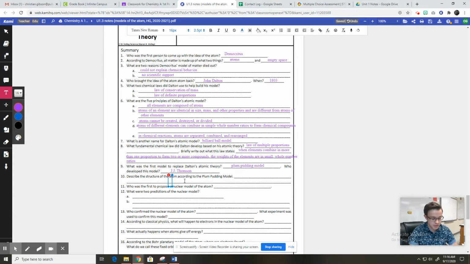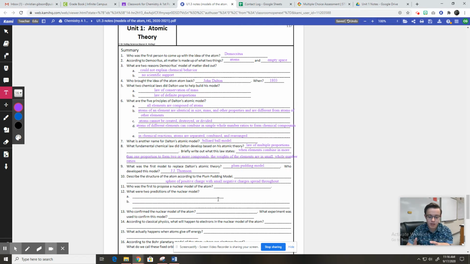It was a sphere of positive charge with small negative charges, which were electrons, spread throughout.